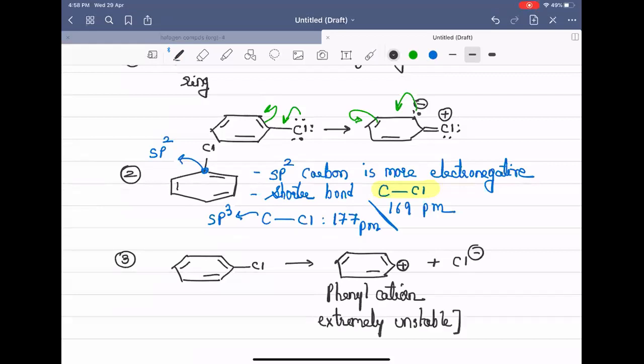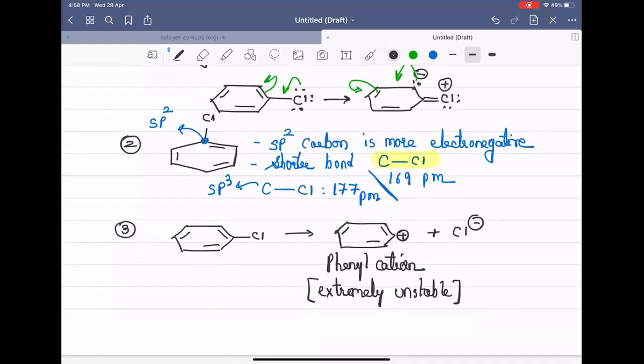So it would not be formed, and because it may not be formed, SN1 is out of the question. So the third reason is the instability of the phenyl cation, and hence the SN1 reaction cannot take place, right?